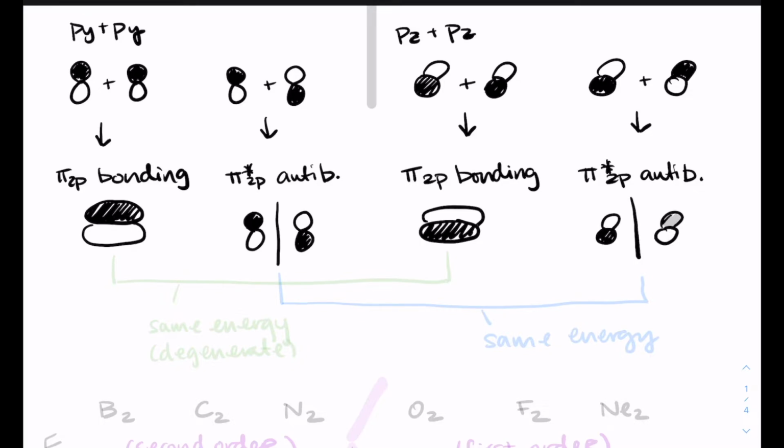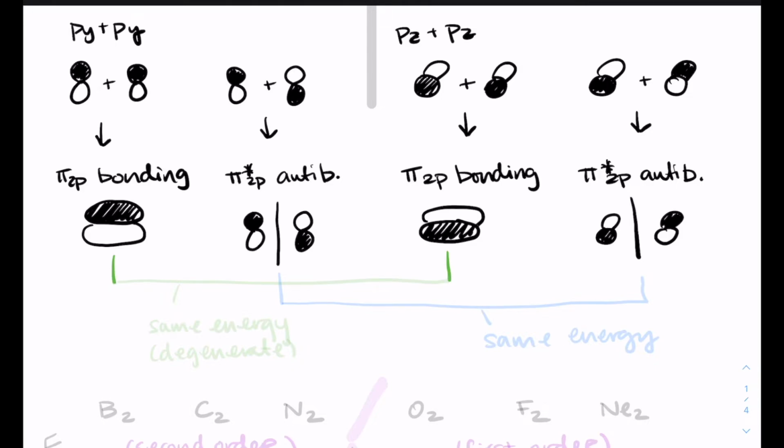The anti-bonding combination, my destructive interference, is a pi star 2p anti-bonding. I get a node, my shading is staggered, but they're pointing out of and behind the paper.